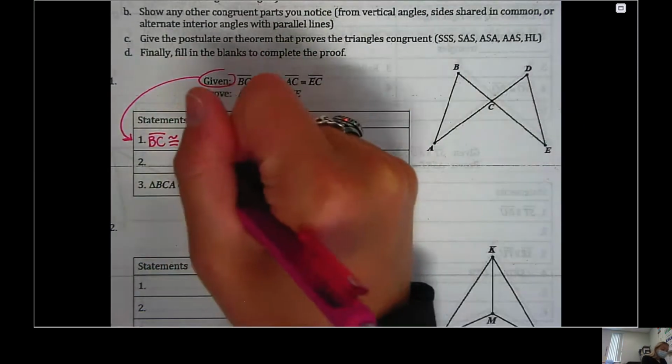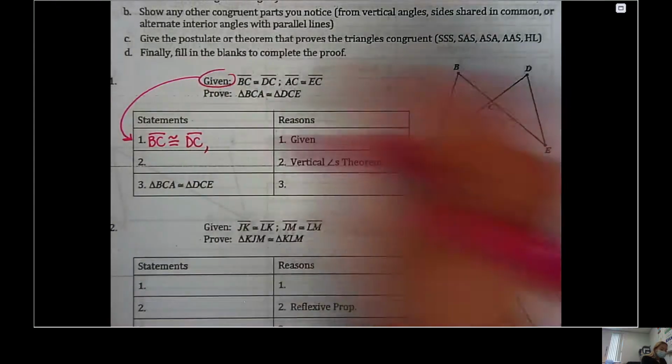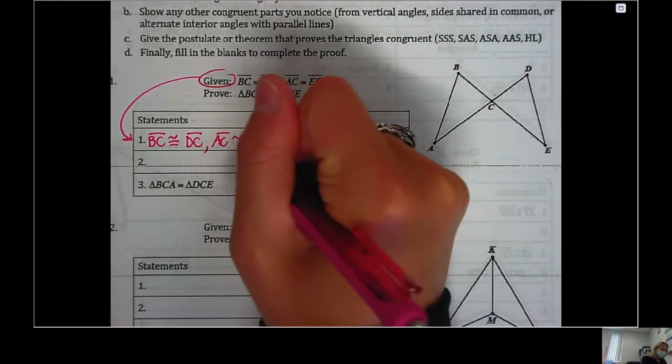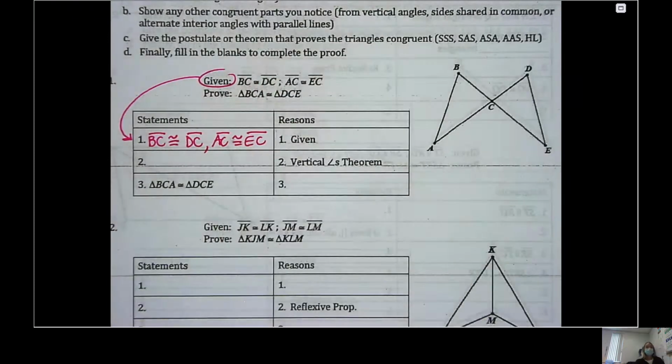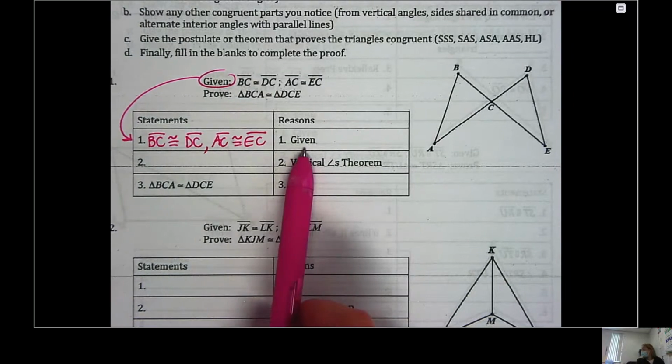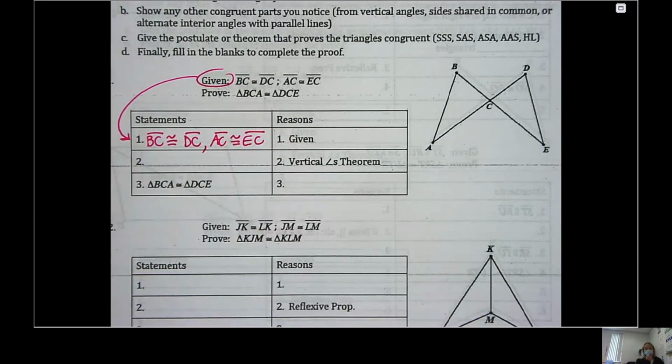All right, so take a sec, we're just going to copy it. BC is congruent to DC. AC is congruent to EC. So I literally just copied my first statement, and the reason is just that it's given to me.